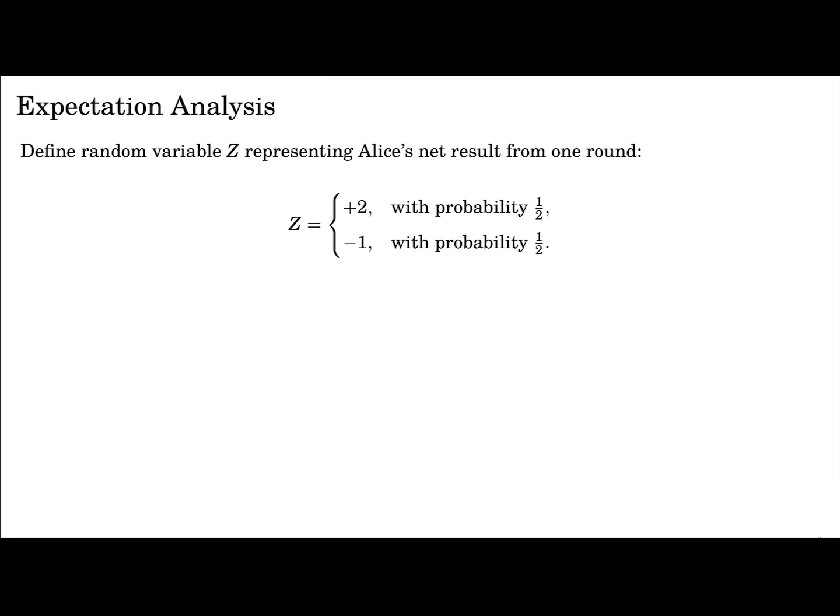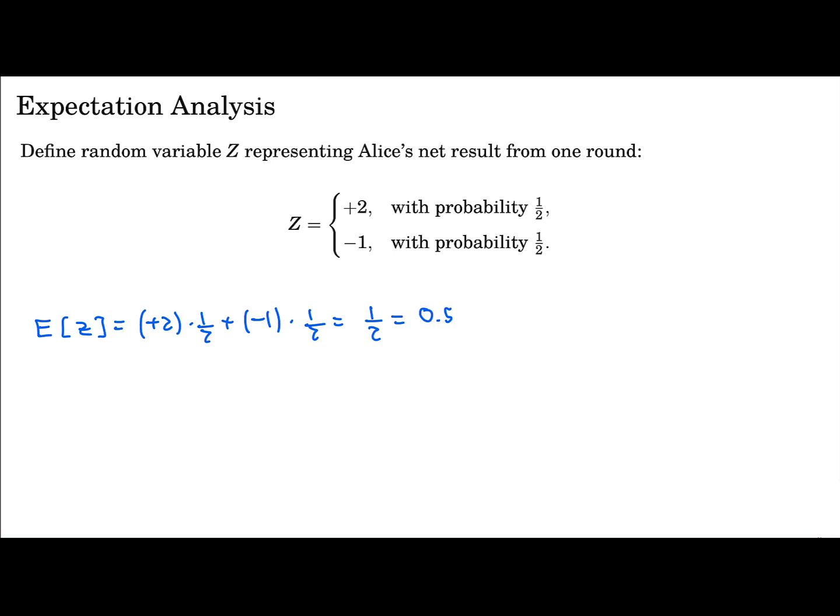So if we compute the expectation, E[Z] is equal to 2 times half plus (-1) times half, which is equal to half. So 0.5. This means that Alice wins 50 cents on average for every $1 bet.